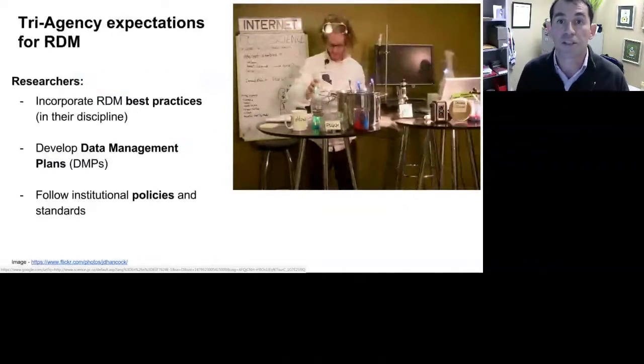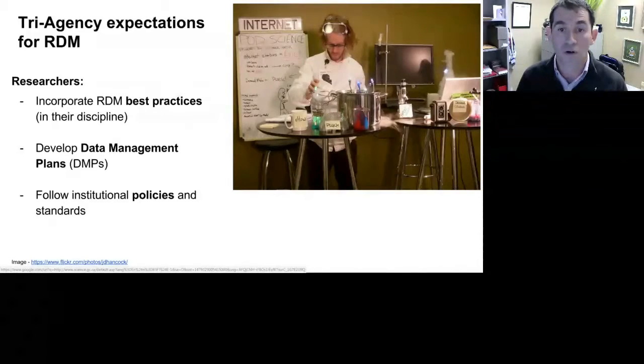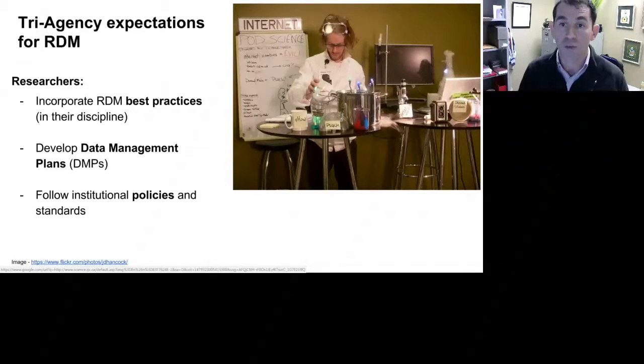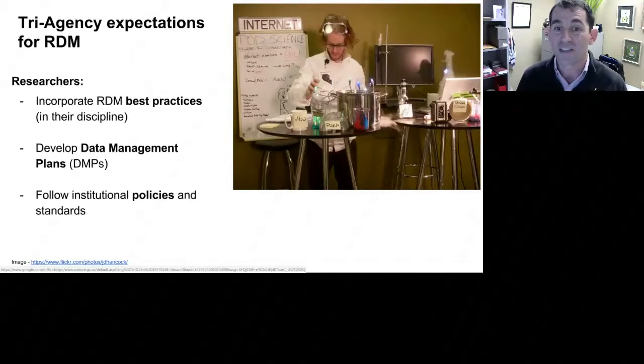So expectations, I'm trying to break it down for you by responsibilities. Most of you on this call are researchers. So you will be expected by tri-agencies to incorporate research data management best practices in your field. Now, some fields do not have anything at all. If you work in genomics, you actually have very good practices for research data. But if you work in sociology, you actually don't have anything.